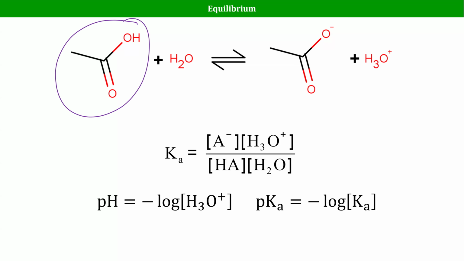So then the question was, how do we predict whether the products or reactants are favored, or by how much? How do we predict what the pH is going to be? And that's where the equilibrium constant came in.